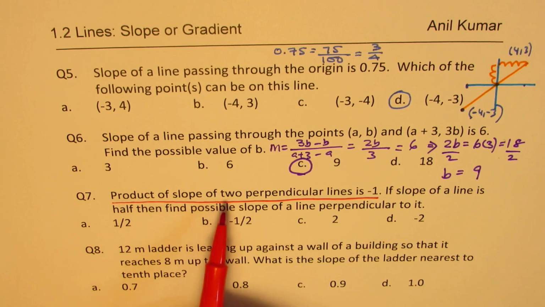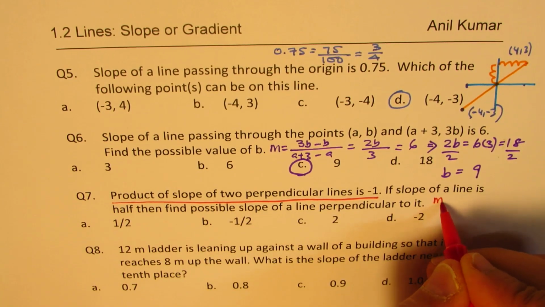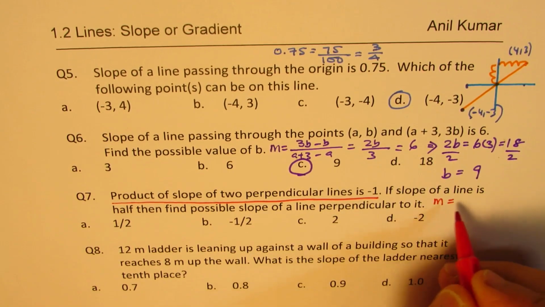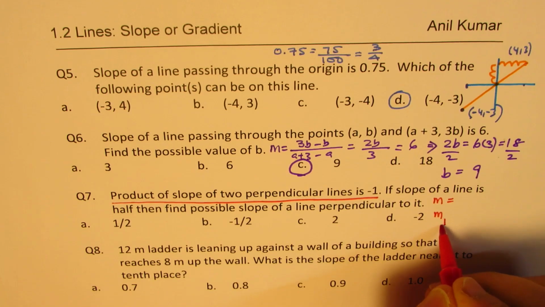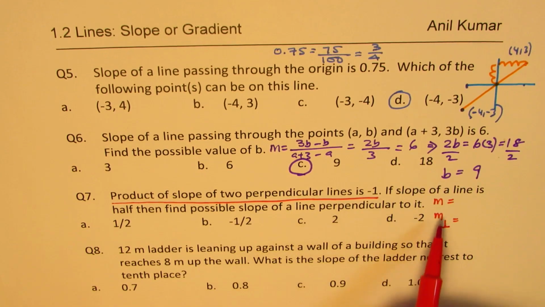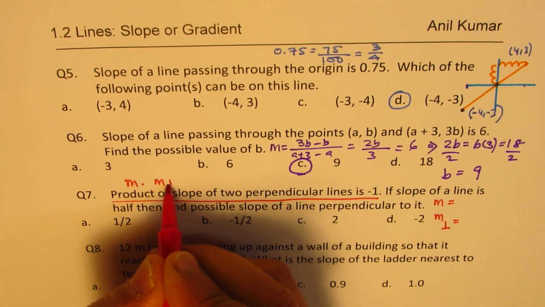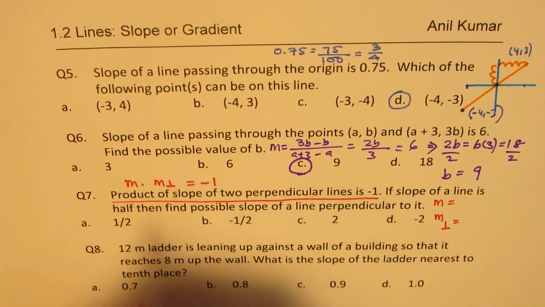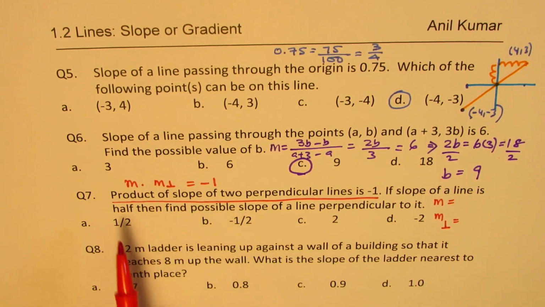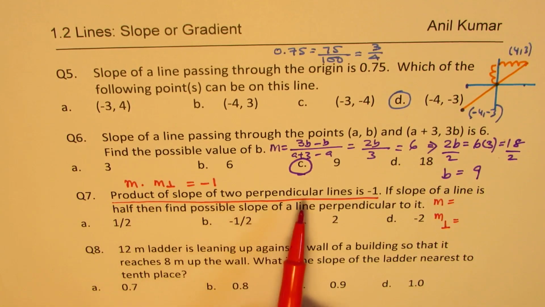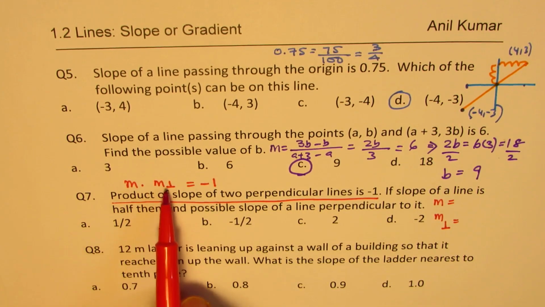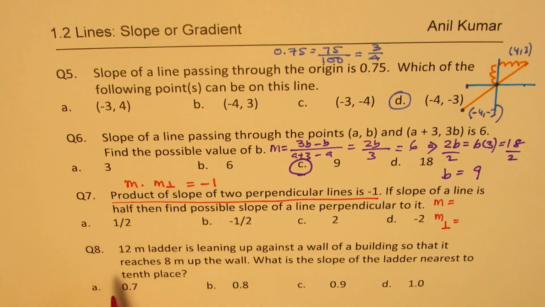So if one slope is M, the line perpendicular will be such that when you multiply these two, you get -1. So M times slope of perpendicular line is -1.